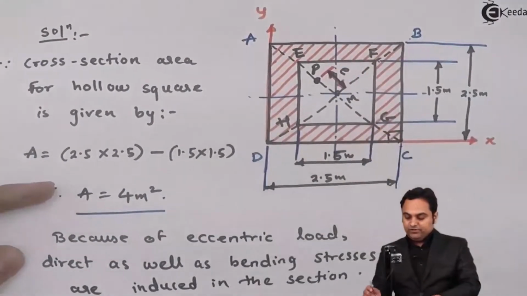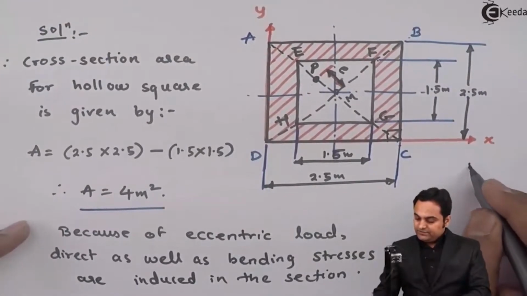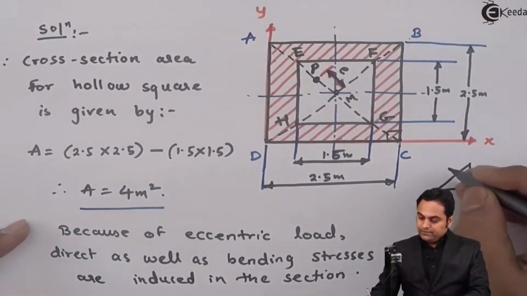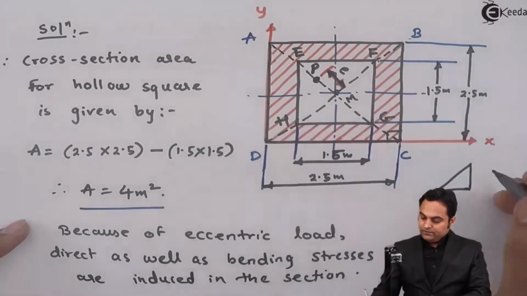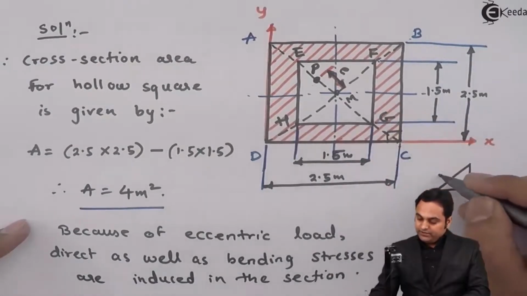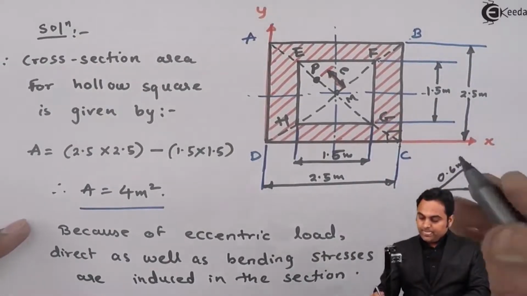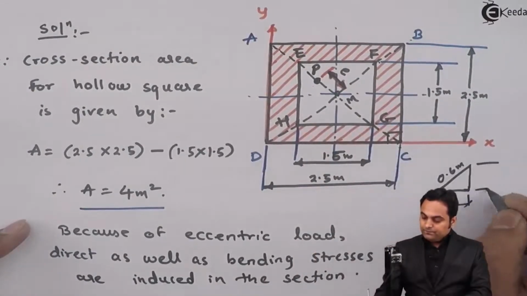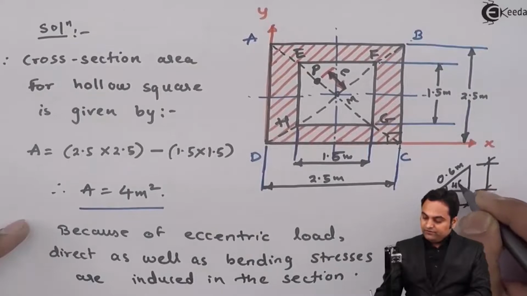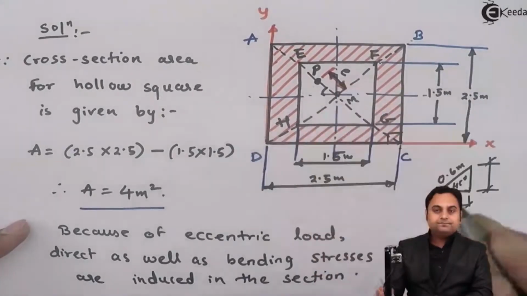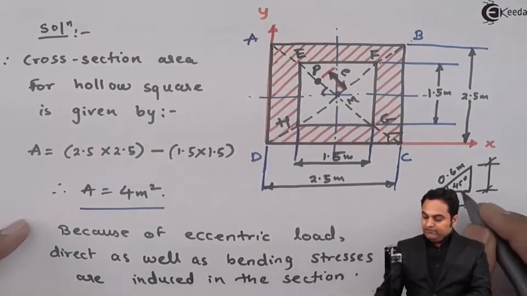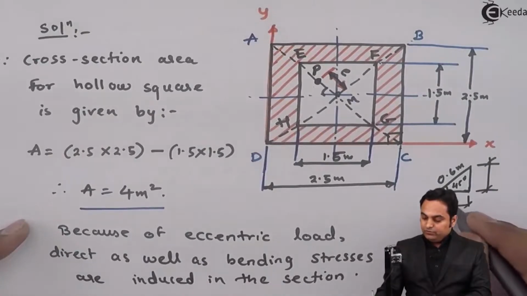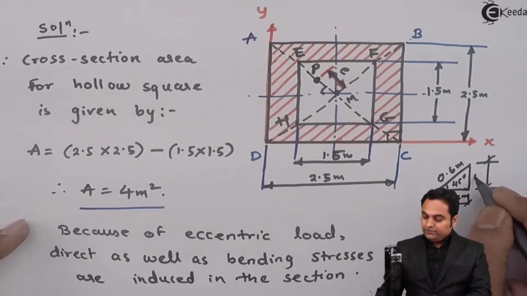I'll explain it quickly. Drawing the diagram, the eccentricity is 0.6 meter and this angle is 45 degree, and both the values come out to be 0.42 meter.